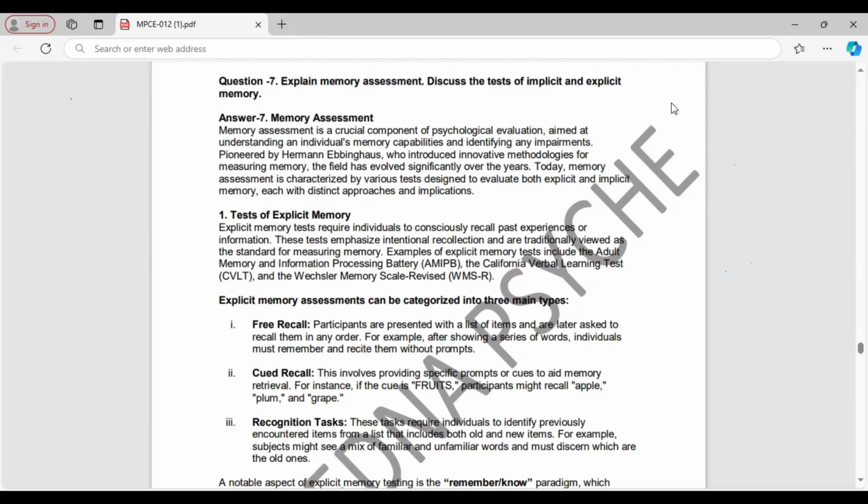Tests of explicit memory. These tests require individuals to consciously recall past experiences. Examples include the Adult Memory and Information Processing Battery, AMIPB, California Verbal Learning Test, CVLT, and Wechsler Memory Scale Revised, WMS-R.